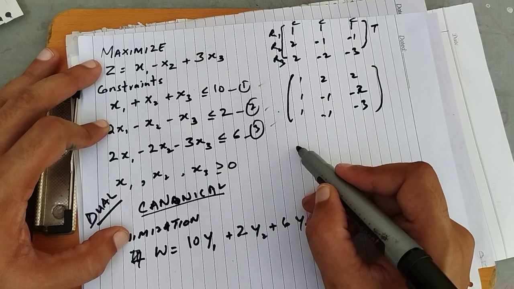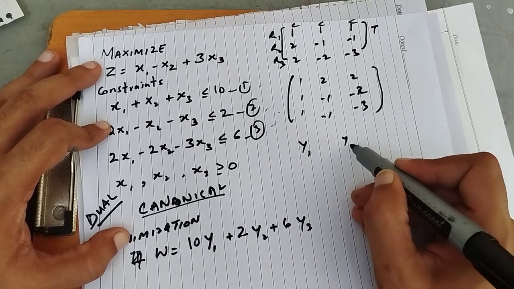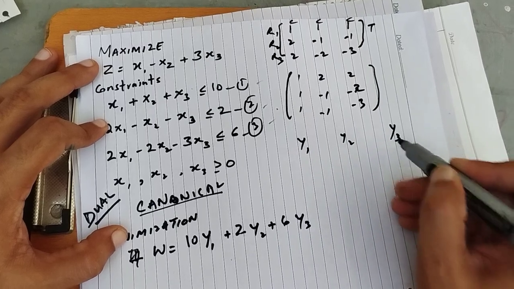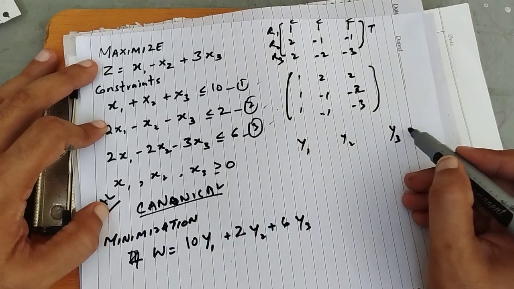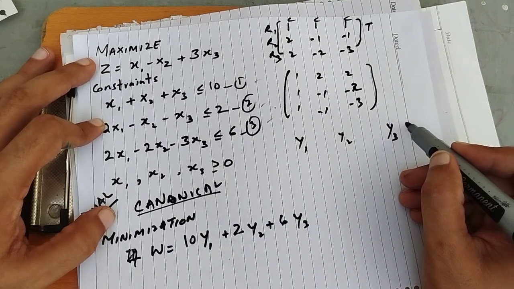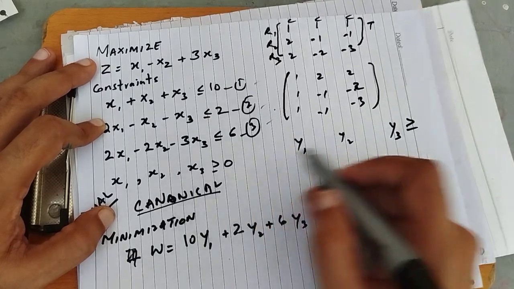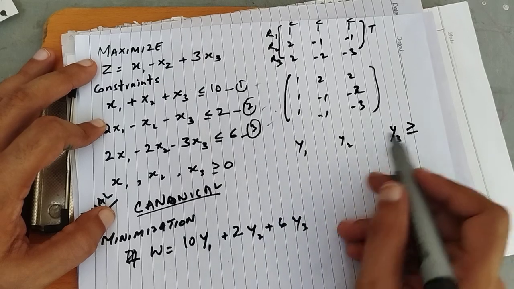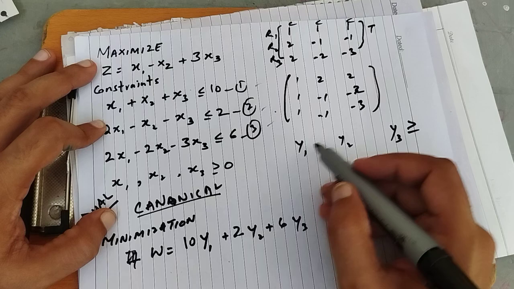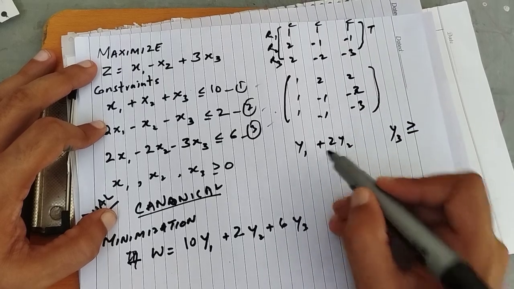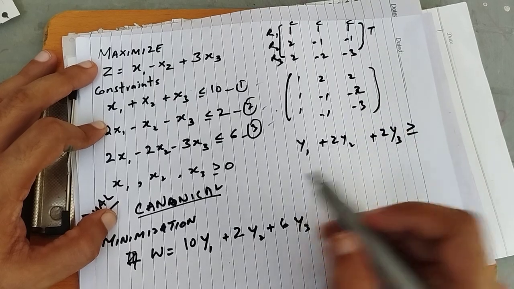We already know the symbols y1, y2, and y3. We also know that in minimization we use the inequality greater than or equal to. So the inequality is there, the symbols are there. Now we have to put the values: 1, 2, plus 2, be careful about the signs, plus 2.